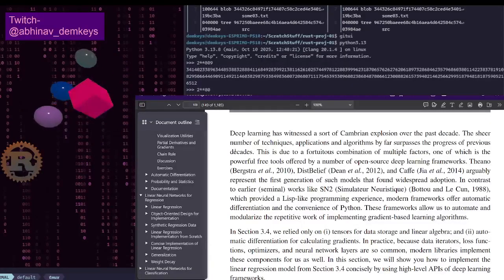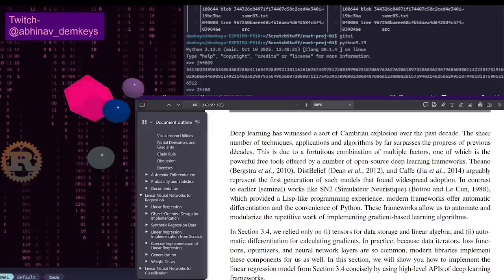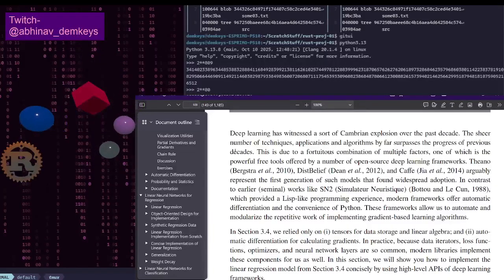All right, in section 3.4, we relied on one, tensors for data storage and linear algebra, and two, automatic differentiation for calculating gradients. In practice, because data iterators... One was data loader and the other was data iterator, I believe so.